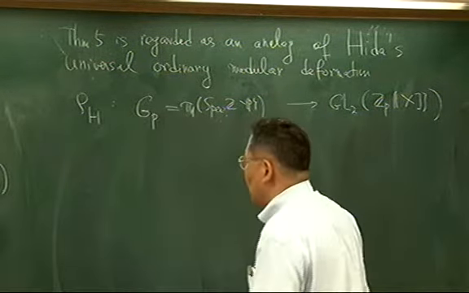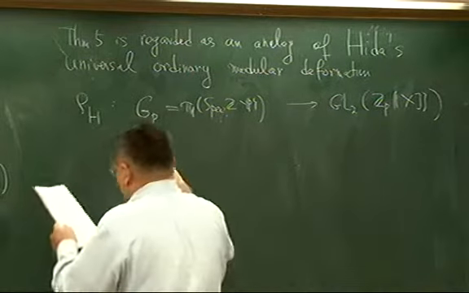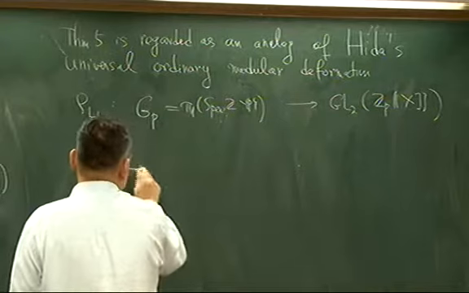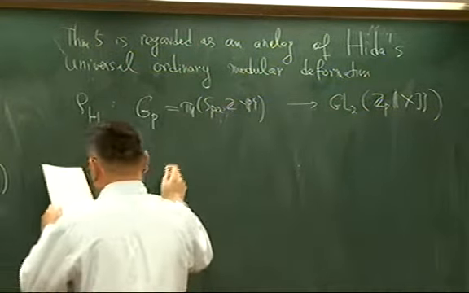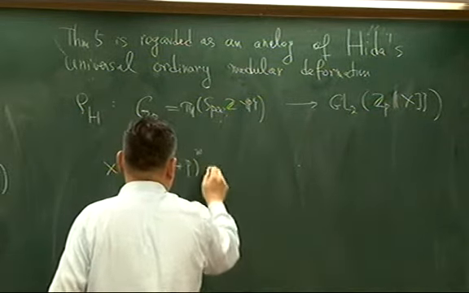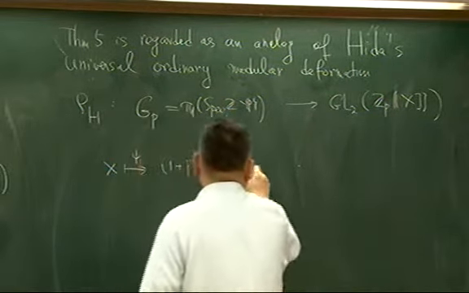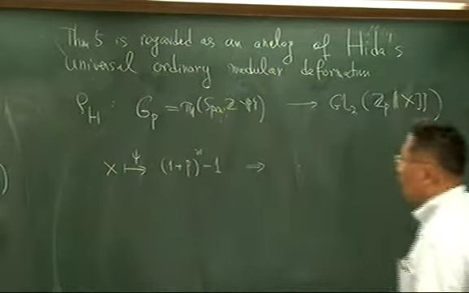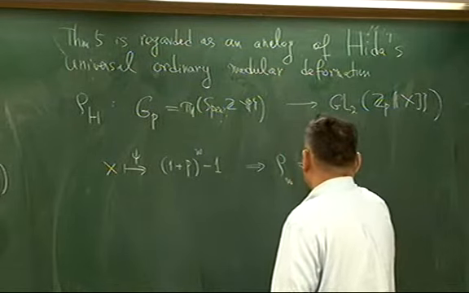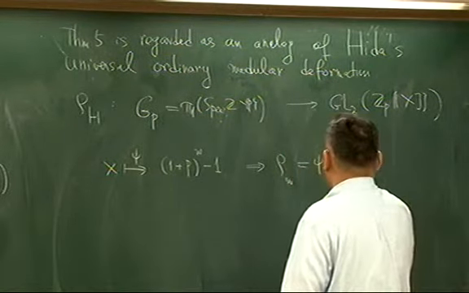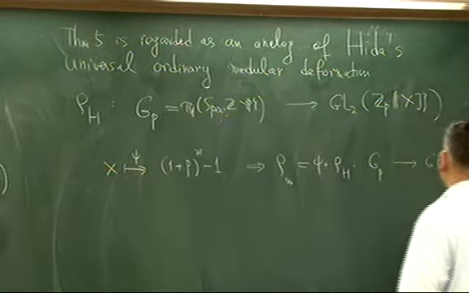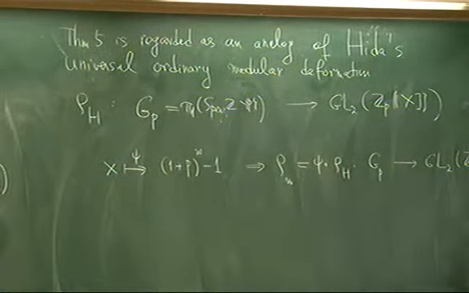And here, if you replace X by the character 1 plus p to some power W, minus 1, then we have a representation rho_W, which is this specialization composed with Hida's representation, G_Q to GL2 of Z_p.